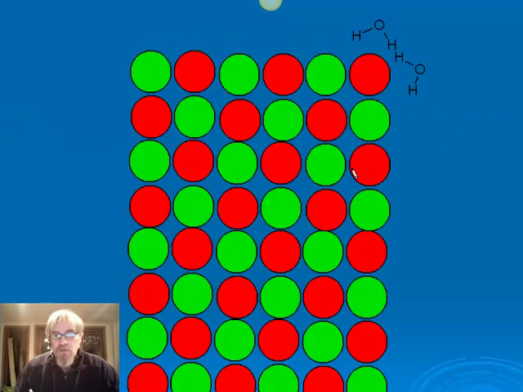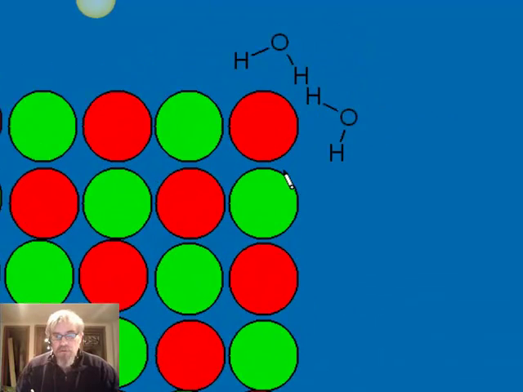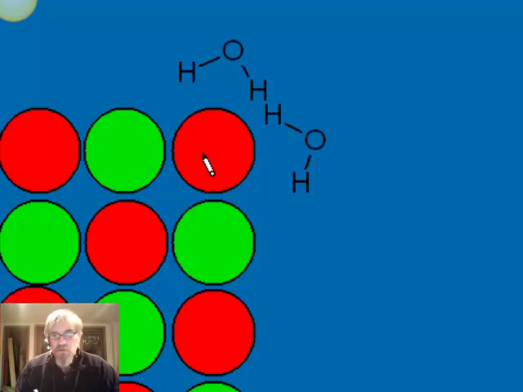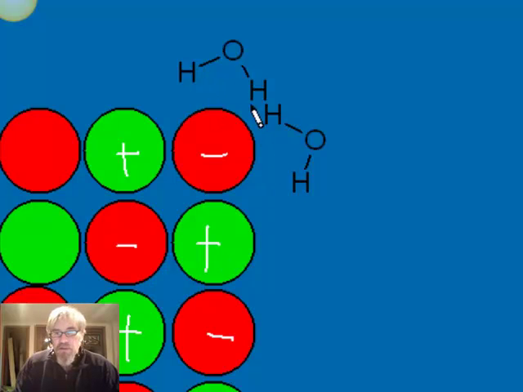Here's a picture of a generic ionic crystal, and these are negatively charged, the little red things, and the green things in here are positively charged. Now water's H end of the H2O is positive, so the pluses here and here attract that negative.